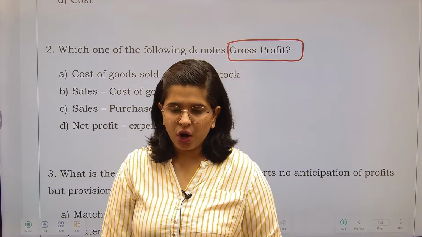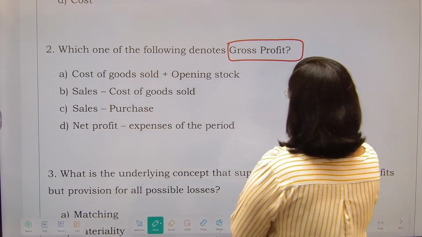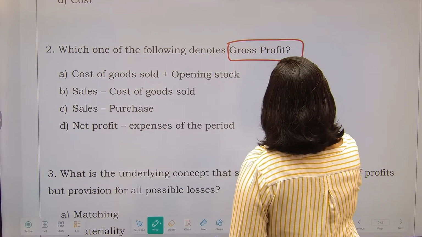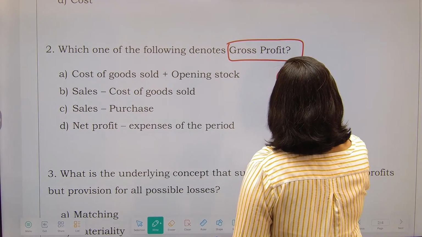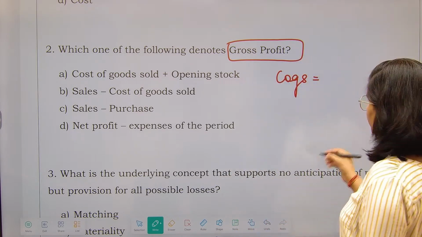There are two concepts that you must know about. Number 1 is cost of goods sold. The formula of cost of goods sold is like this. I'm writing it in short as COGS, that is cost of goods sold.